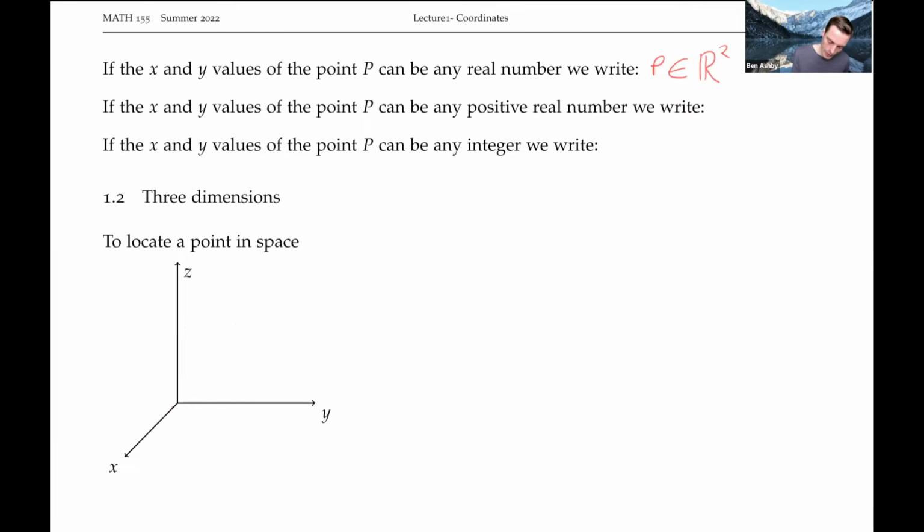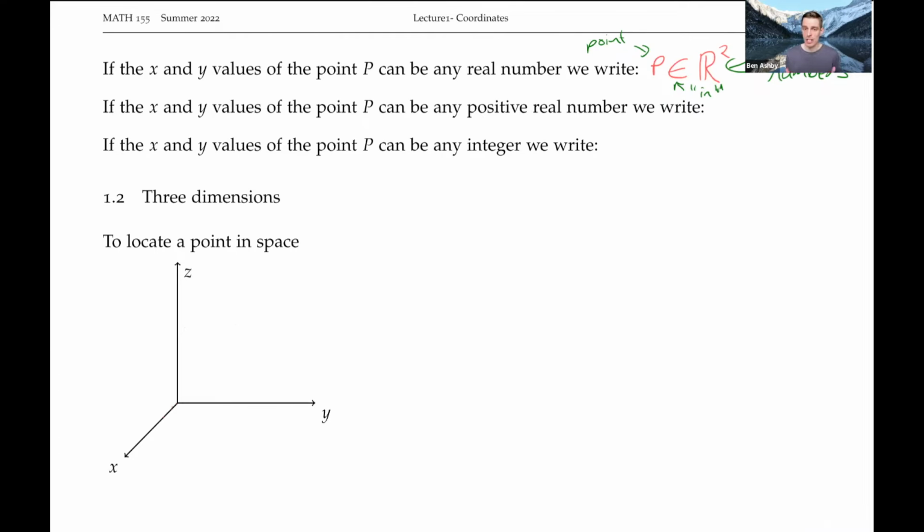Well, this is our point P. This symbol here just means in, or is an element of. And then this, on the right-hand side, this funny looking R with the 2 next to it, just says that there are 2 real numbers. So this extra line that goes through the R is just indicating that this is the real numbers.